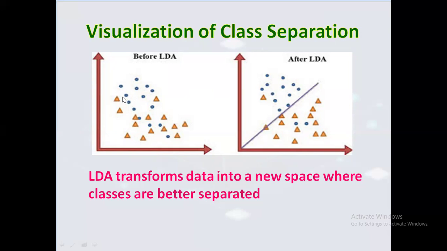Here we cannot separate the round features from the triangle features. LDA applies its transformation to move these classes into a new space where the separation between them is more distinct. So if you look at this, you can identify it. This visual representation helps in understanding how LDA improves class distinction, especially in the case of overlapping data.